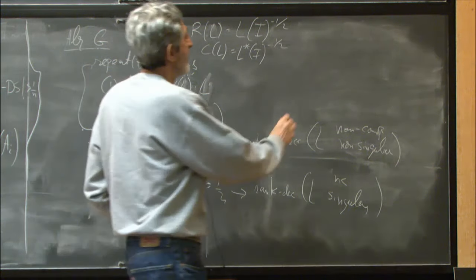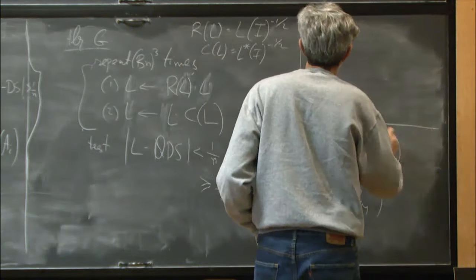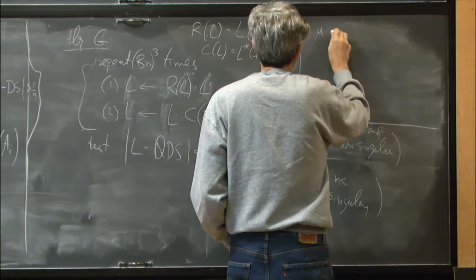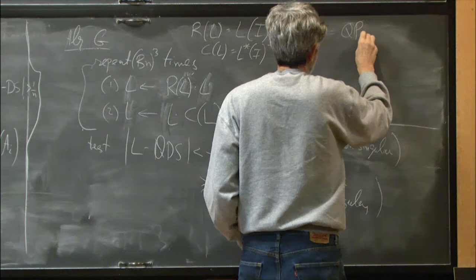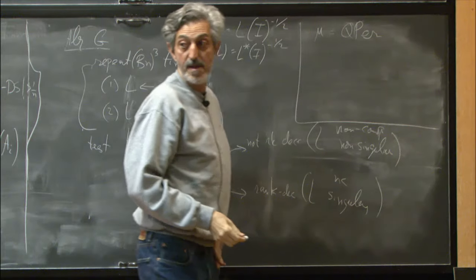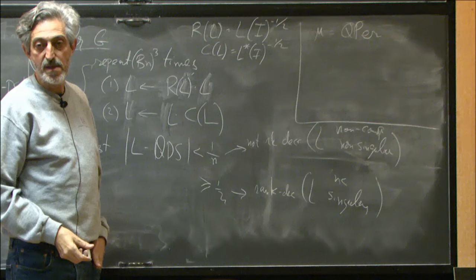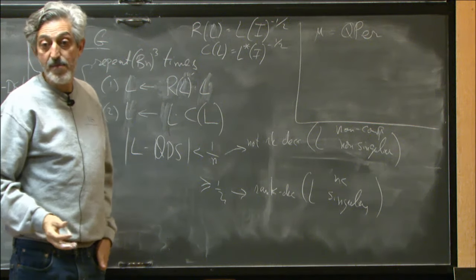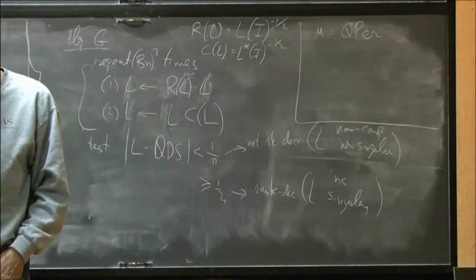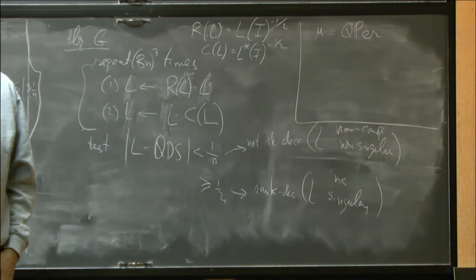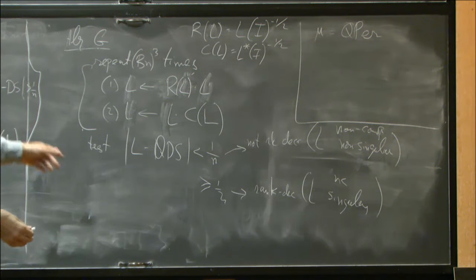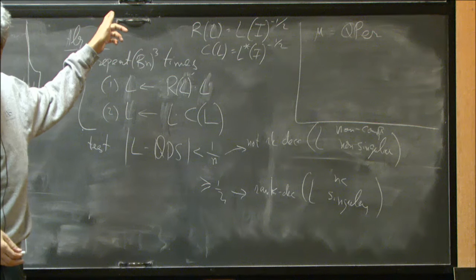And actually, Gurvits makes 2 suggestions. First, he suggests taking mu to be a quantum permanent, which he defines. It's something that, well, I can define it, but anyway, it's a polynomial that depends on the entries of all the matrices.